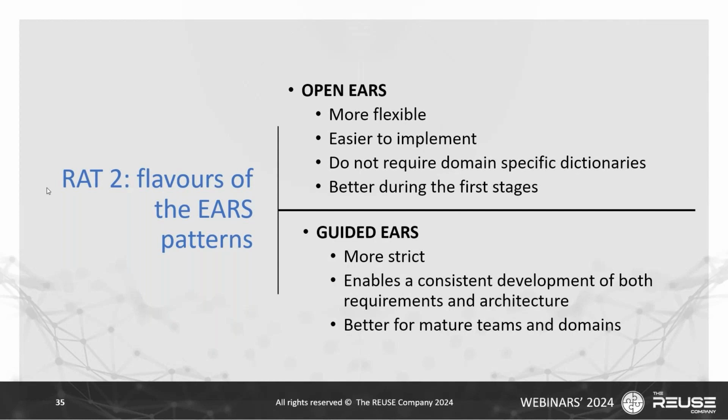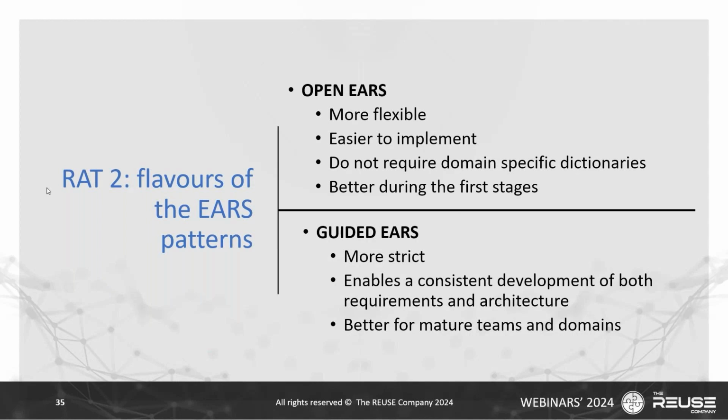Of course, open ES is more flexible, easier to implement, especially in the first stages of when you start using tools to help you write your first requirements. Perhaps this is the best option, and especially, of course, if you don't have domain-specific dictionaries.